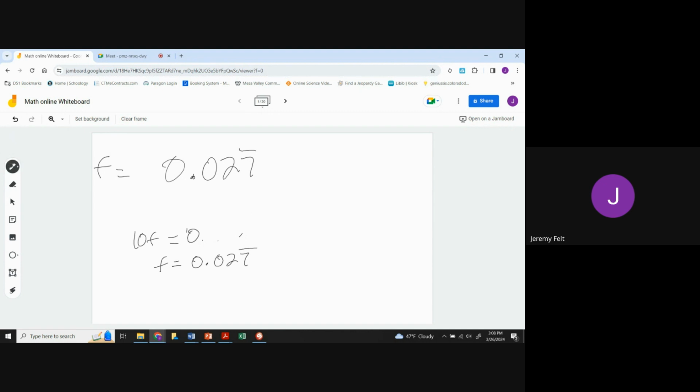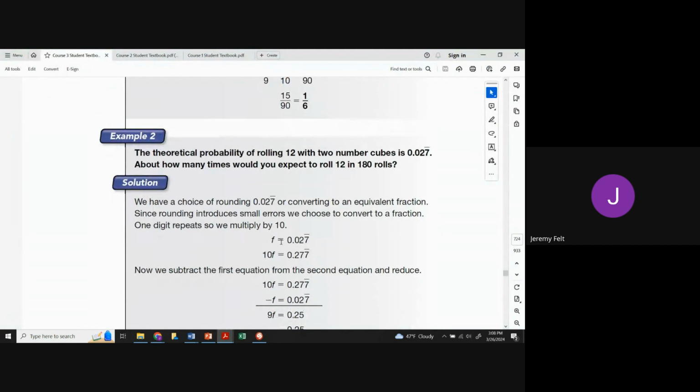Move the decimal 1, and we get 0.27 repeating forever. Okay, so we got it set up, and we got the 7 repeating forever.